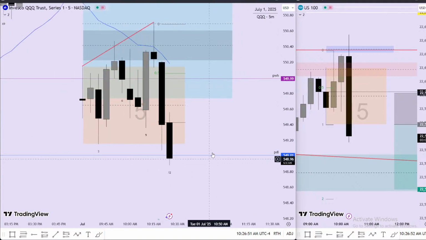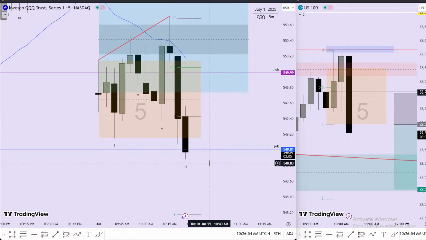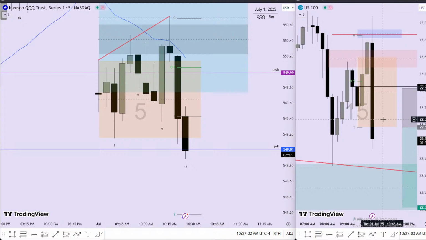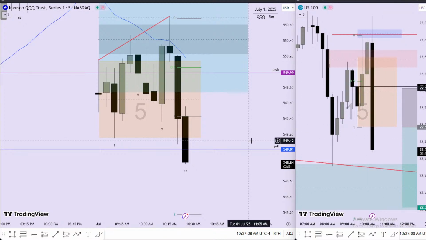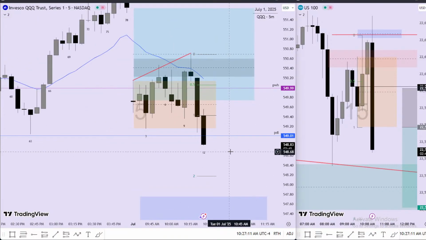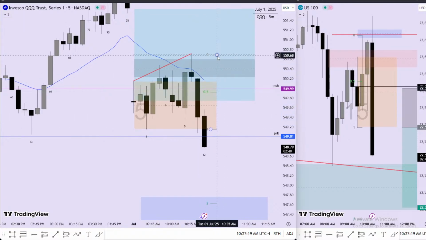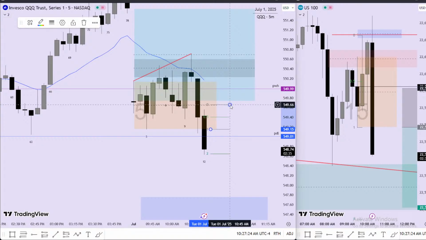We are retesting the previous day's low. One times our risk, we've achieved one times, half of this risk.